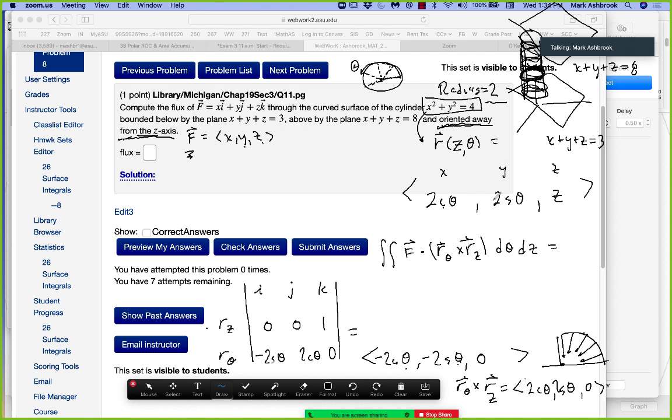So it's going to be the same as the vector function, x, y, z, dot the cross product, which is 2 cosine theta, 2 sine theta, and 0. So only coincidentally are we getting the same thing here for the x and y components. And that would be d theta dz.